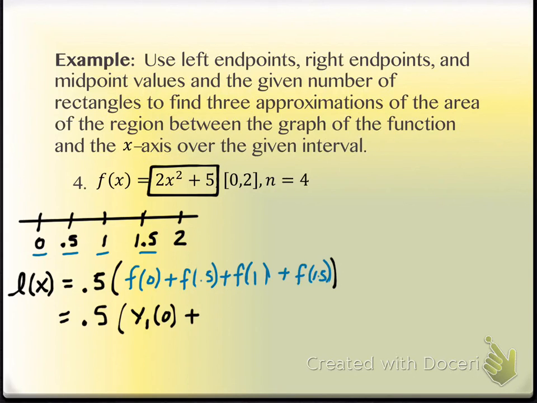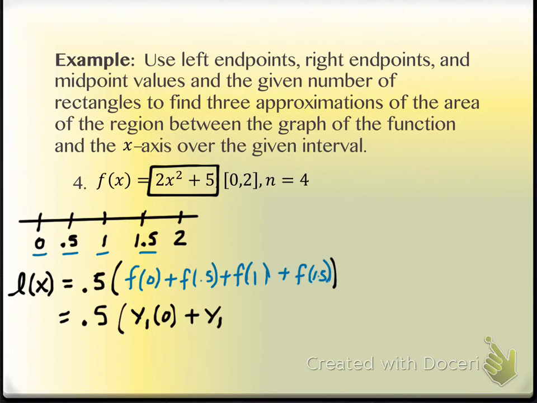So no matter how ugly the value is at 0, which of course this one's not ugly, it's 5, I get it, right? But could it be an ugly number when you input a value into a function? Sure could. What if you're dealing with a square root and you had square root of 5 as your first value? Yuck. Okay, so then you're going to do the same thing.